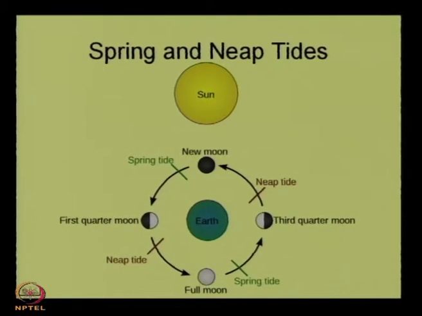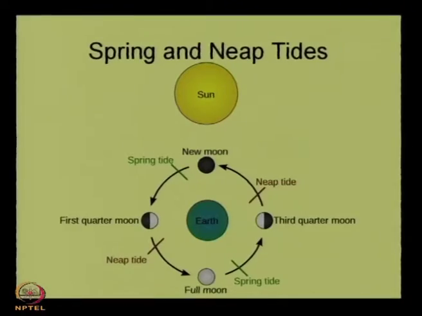So, when the sun, the moon and the earth are aligned, that can happen either at new moon or at full moon, both of them. The sun and the moon are aligned, so the tidal forces of the moon and the sun are aligned also, and you have a spring tide. It is like a spring, it springs forth the tide. Okay, you have quite a high tide.